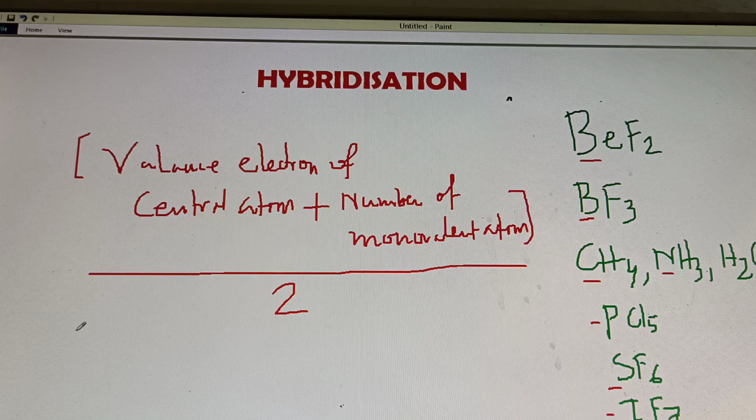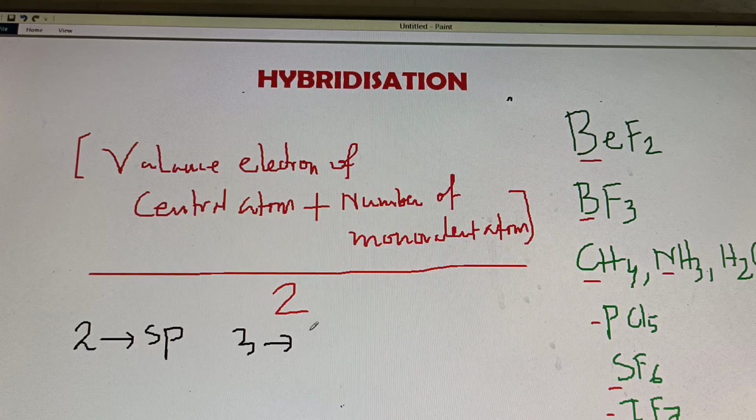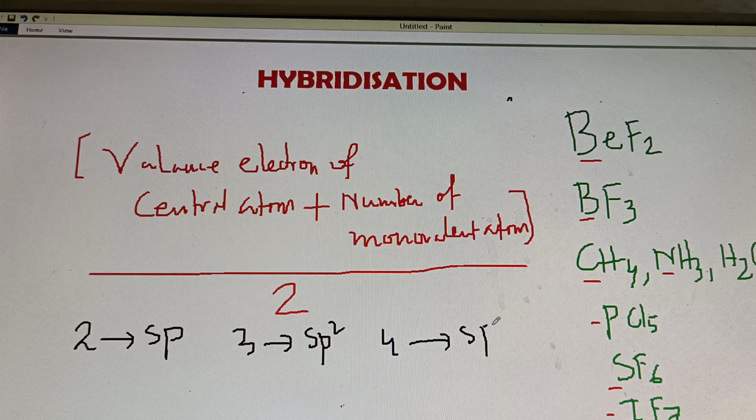If the result is 2, then we'll say it is sp hybridization. If the result is 3, we can say this is an sp2 hybridized molecule. If it is 4, we can say it is an sp3 hybridized molecule.